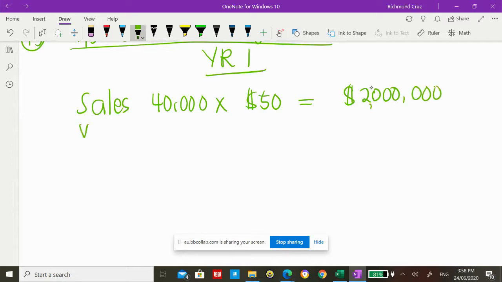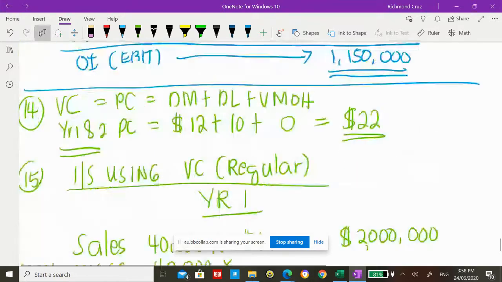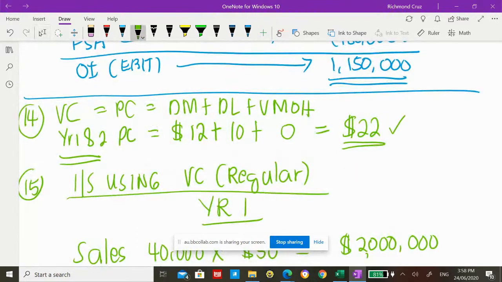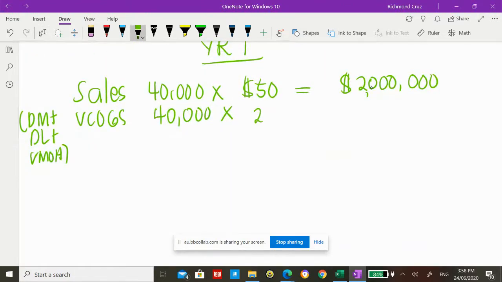Then we need to deduct the variable cost of goods sold. Take note, this will include direct material plus direct labor plus variable manufacturing overhead. But we don't have variable manufacturing overhead. And this is the units sold, which is 40,000 multiplied by the product cost under variable costing, and that is 22, including direct labor. So multiplied by 22, it will give us 880,000.